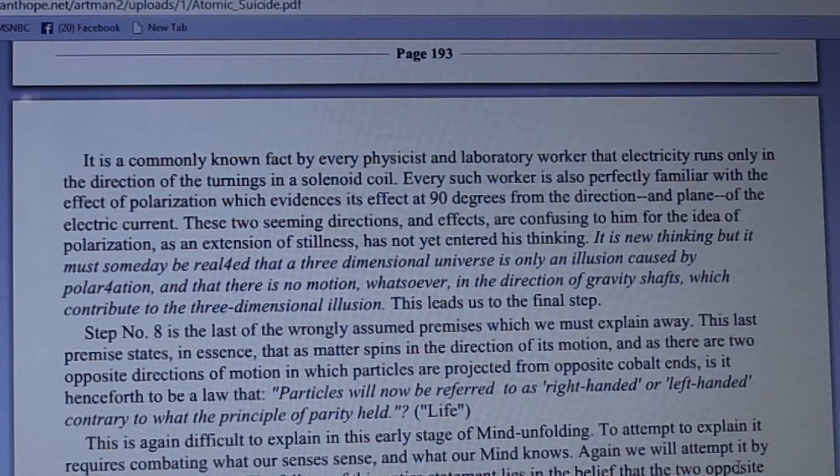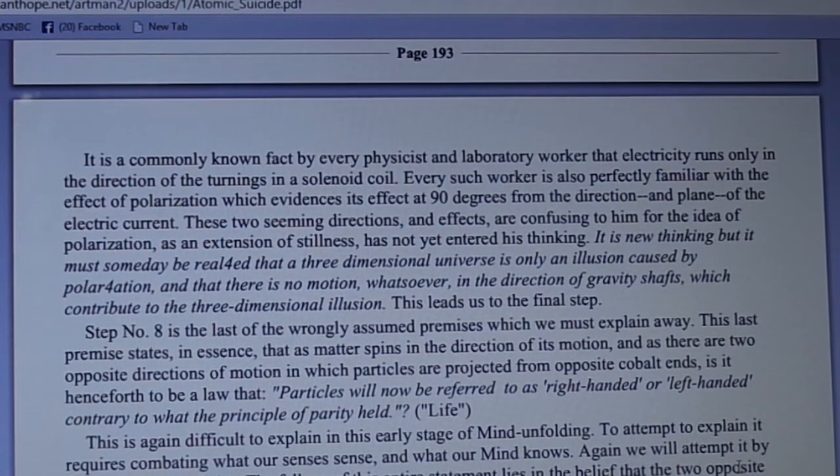These two seeming directions and effects are confusing to him, for the idea of polarization as an extension of stillness has not yet entered his thinking. It is new thinking, but it must someday be realized that a three-dimensional universe is only an illusion caused by polarization, and that there is no motion whatsoever in the direction of gravity shafts which contribute to the three-dimensional illusion.